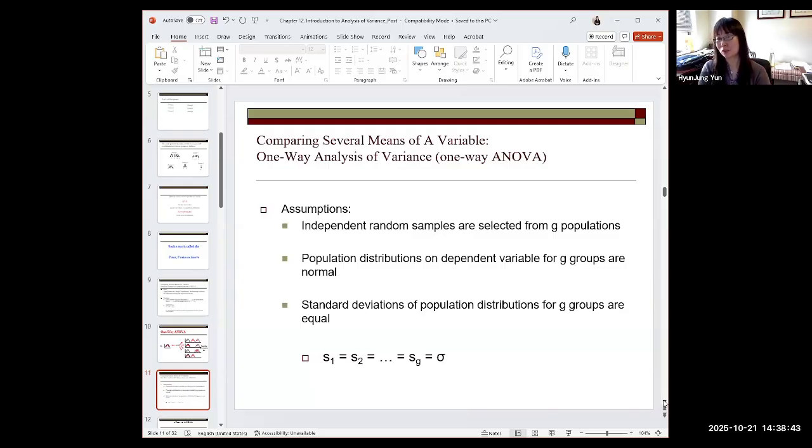For example, let's say group one is normally distributed. For the mean comparison test, if you pick one mean out of a normally distributed distribution, the mean is the most representative value, right?